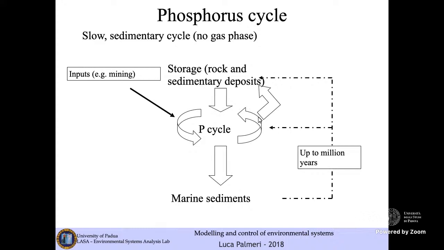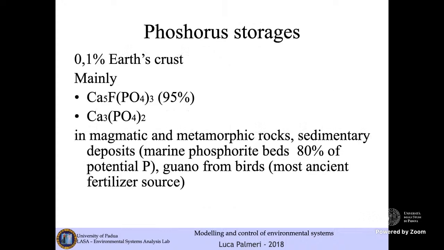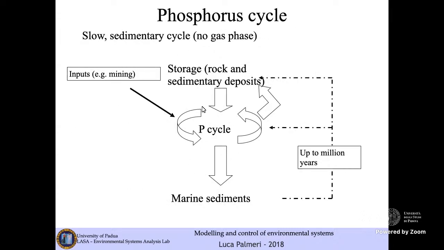What happens is that the phosphorus cycle may be separated into two parts. A first part is moving phosphorus from the storages in rock and sedimentary deposits by weathering, or by erosion, or by resuspension, and a part that is linked to the biological activities of uptake that moves phosphorus from the sedimentary deposit into the biosphere.